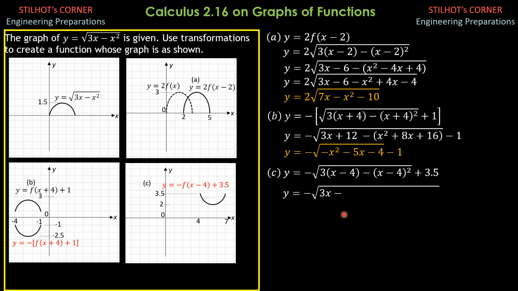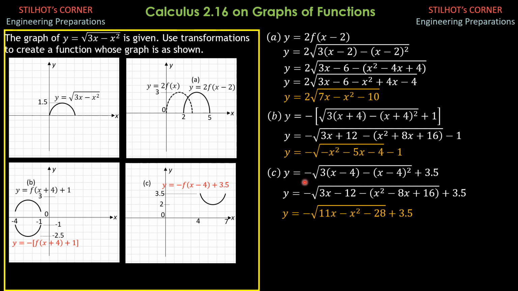Simplify inside, y equals negative square root of 3x minus 12 minus quantity x squared minus 8x plus 16, then plus 3.5. Combining like terms, 3x minus negative 8x is 11x, then minus x squared, negative 12 minus 16, negative 28. Then y equals negative square root of 11x minus x squared minus 28, then plus 3.5. So that's the required equation.